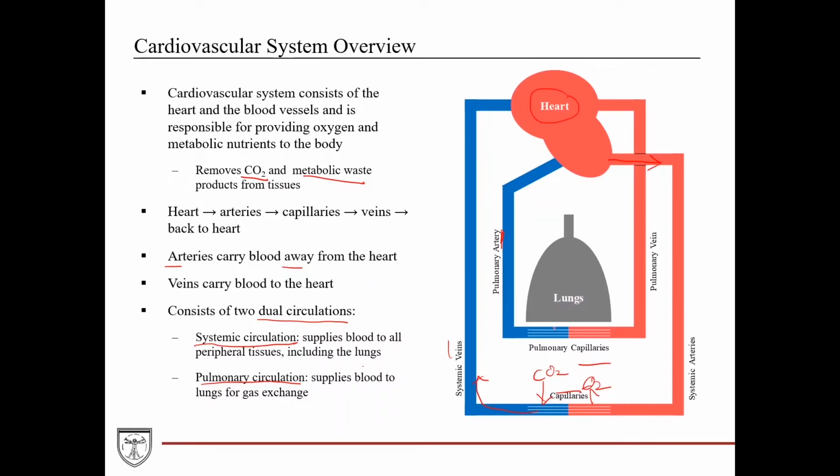In the pulmonary capillaries, you release CO2 into the air within the lungs, and then the O2 that got breathed in enters at the capillaries, and you oxygenate the blood again to then send it out to the rest of the body. So the pulmonary veins carry very oxygen-rich blood back to the left side of the heart, and then that can enter into the systemic circulation, and the cycle goes on.